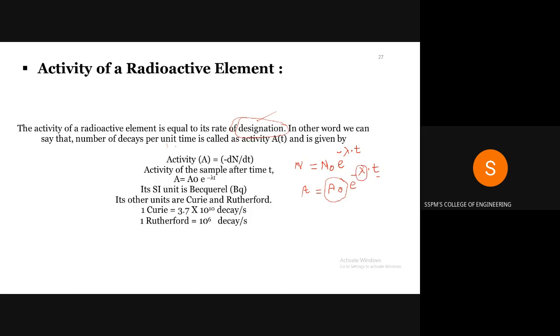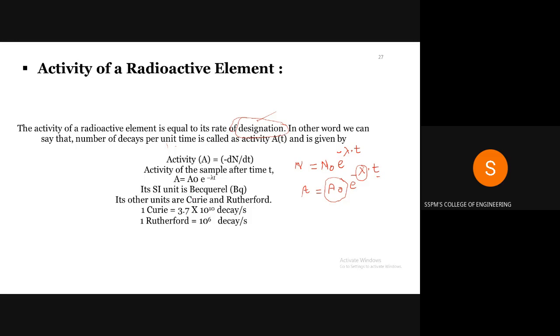This decay constant is to be expressed in one of the formulas that we will see. Its SI unit is becquerel. Activity is expressed as A equals A0 e raised to minus lambda t, and its SI unit is becquerel, disintegrations per unit time.